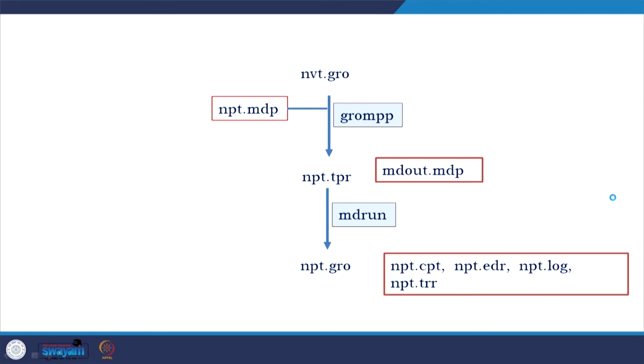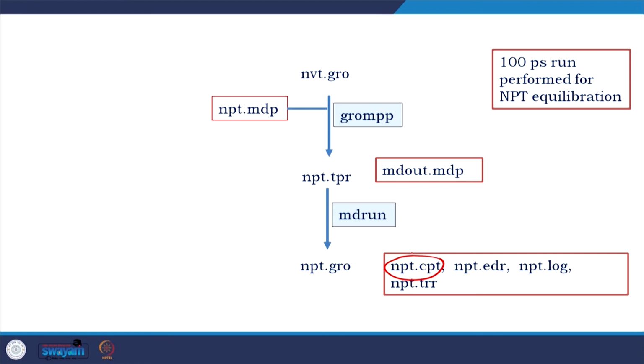I talked about all those files except the CPT file, which I will talk about. This is again a 100 picosecond run performed for NPT equilibration.